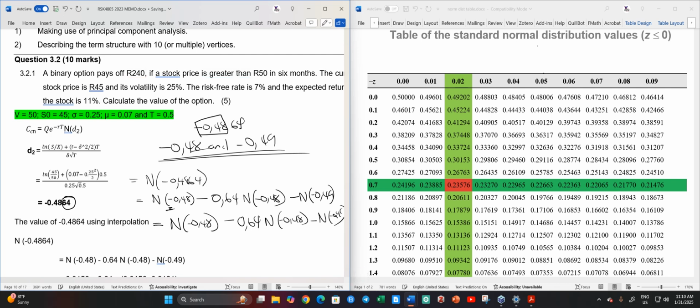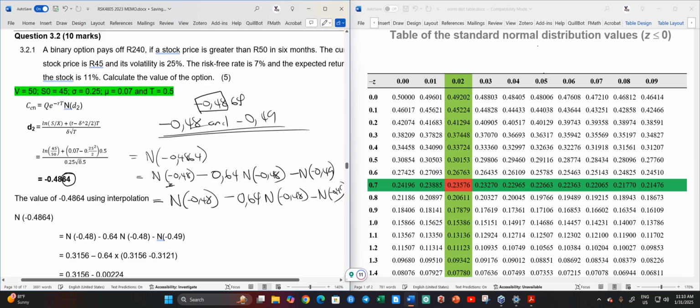So these are the values that we have from the answer. Now we need to find the exact values from the table.